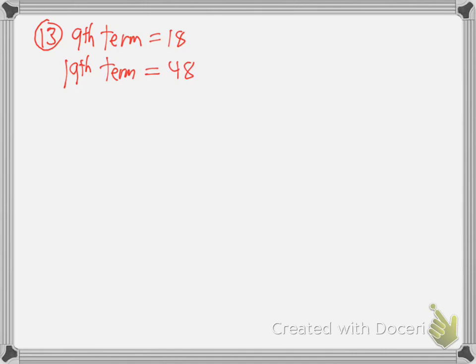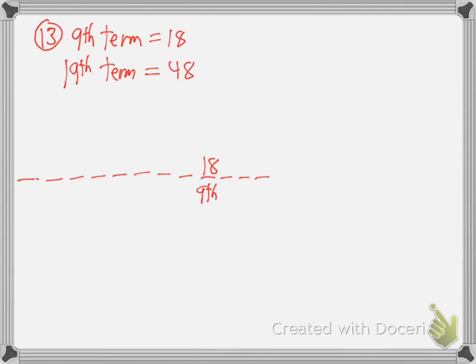So let me draw this out for you so we can think about it. 1, 2, 3, 4, 5, 6, 7, 8, 9. The 9th term is 18. I don't know what the first 8 terms are.